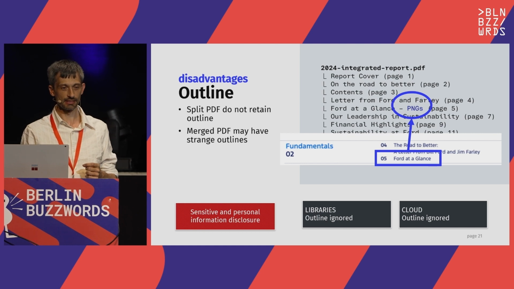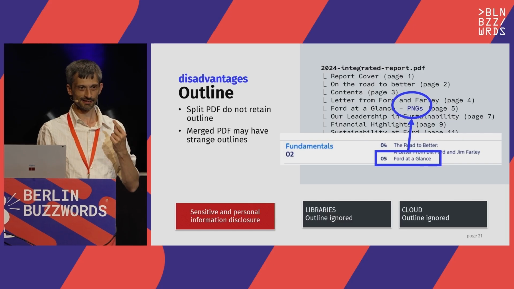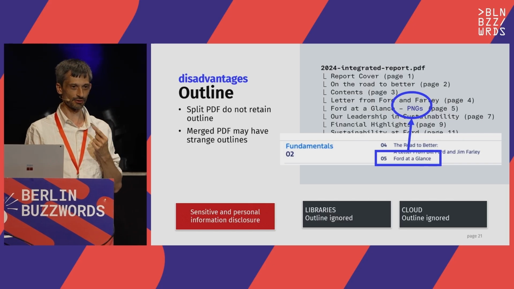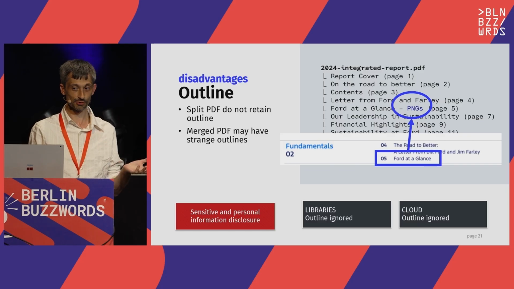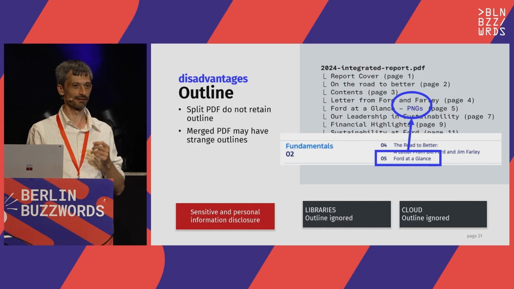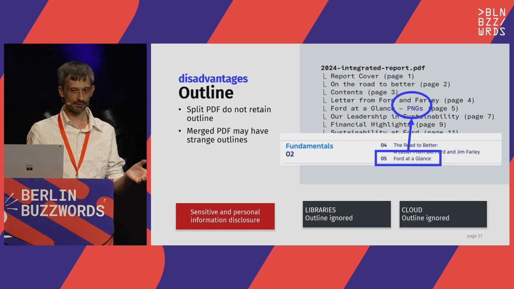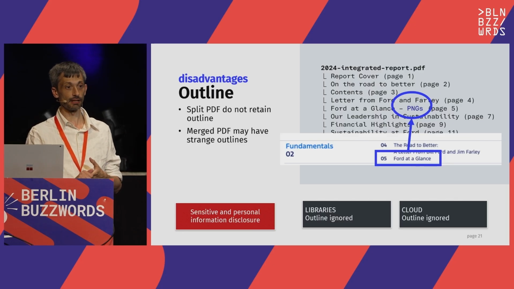Unfortunately, there is a disadvantage: what is inserted in the outline is up to the user, so it might say something else than what you really find in the document. So don't take it for granted, but it definitely helped.